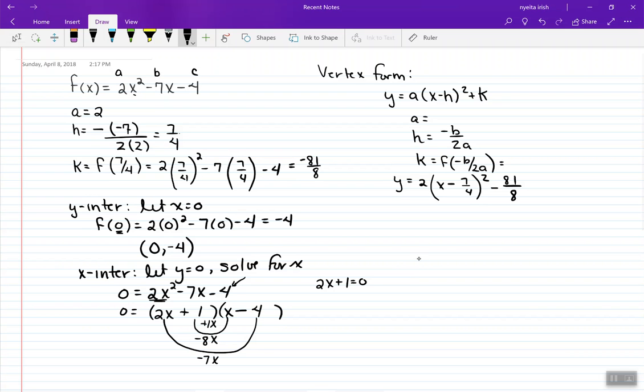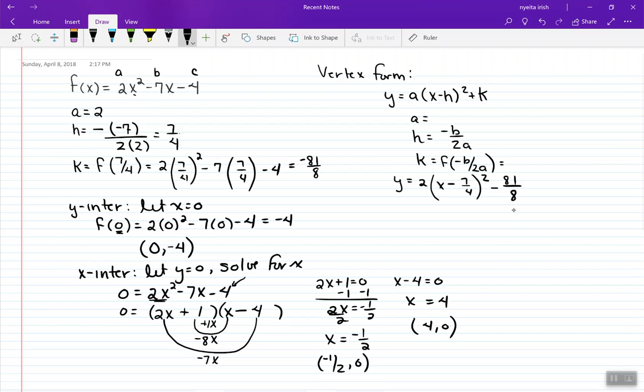All right, the zero product rule there. Subtract 1, divide by 2. So one of our x-intercepts is at negative 1/2. Add 4 to both sides. The other one's at 4. So negative 1/2, 0, and 4, 0.